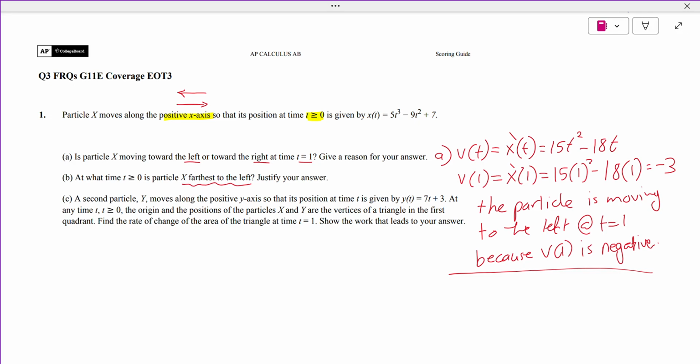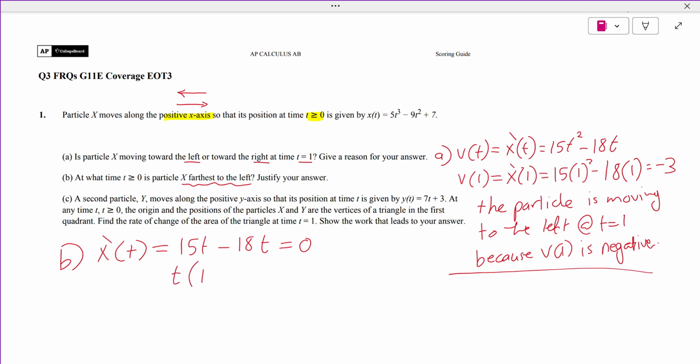So for part B, we need x prime of t, which we already found in the previous part. It's 15t squared minus 18t.